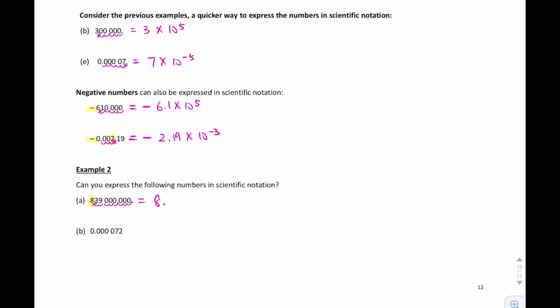So this is 8.39 times 10 to the power of 8. And for part B, the decimal point is moved 1, 2, 3, 4, 5 places to the right. So this is 7.2 times 10 to the power of -5.